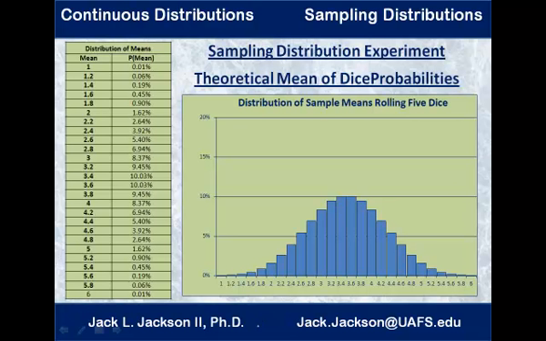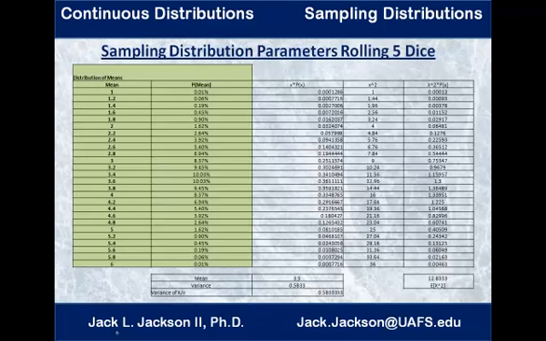And of course, we already did the one with 5 dice, where we're throwing 5 dice, and this looks even more and more like a normal. This one looks very much like a normal distribution here. And again, I'll show you a little bit later on how I got these theoretical probabilities. But here are the details, working out the variance and the mean.